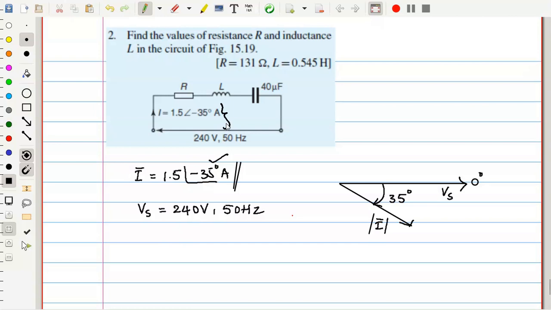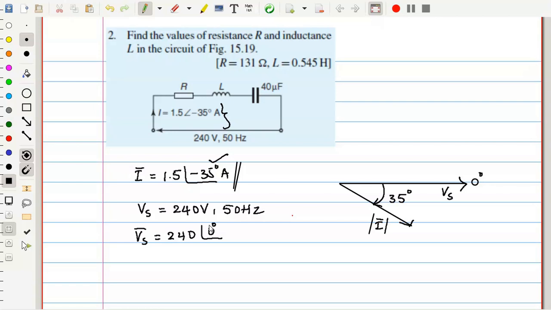Once the current angle is given, it must be with respect to voltage. So what is the voltage angle? It is the reference. How much is the reference angle? It is 0. Clear? So we can write the Vs phasor as magnitude 240 at an angle of 0. By looking at the given things, I can write this.